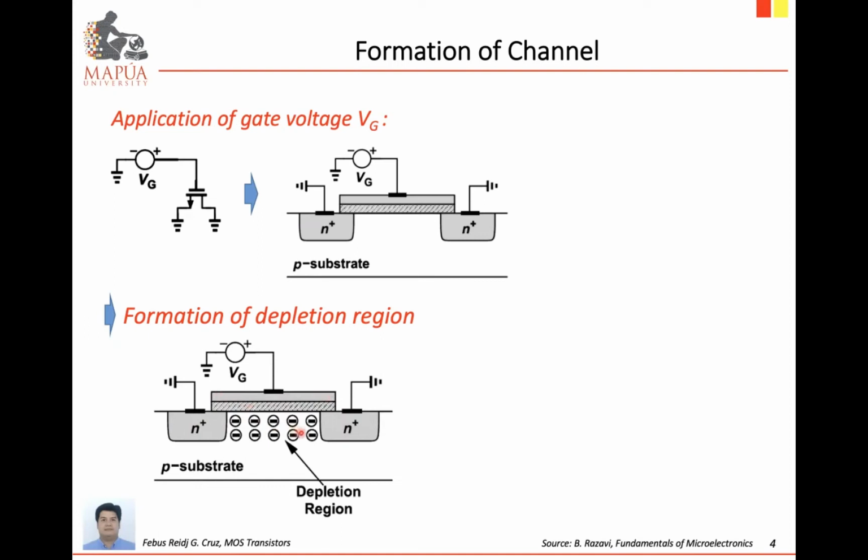Once we attract negative electrons underneath the gate layer, this area will be considered depleted. This area is originally, in this example, a P-type material comprised mainly of positive holes. Once you attract negative free electrons, they will recombine with the positive holes.